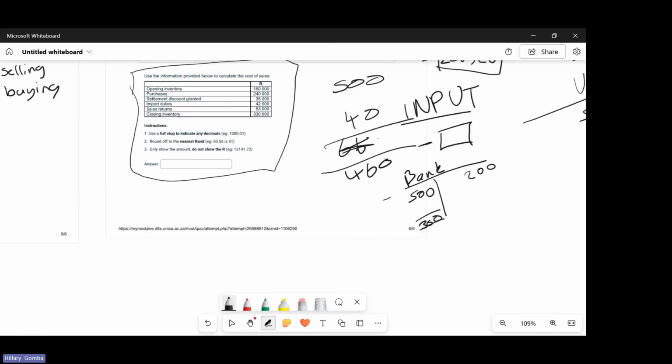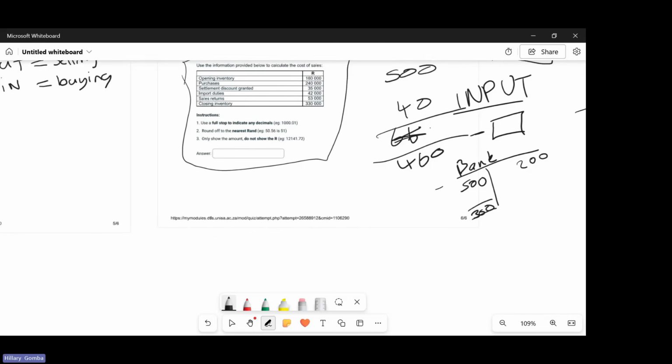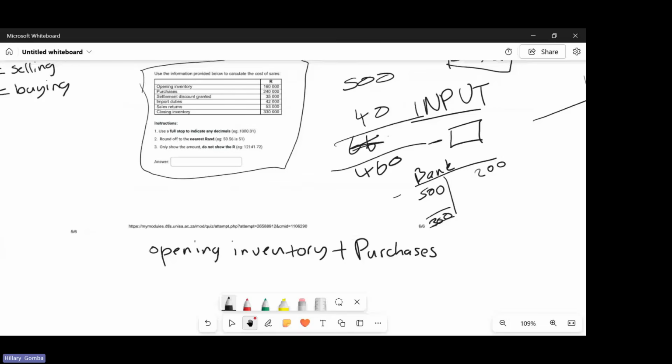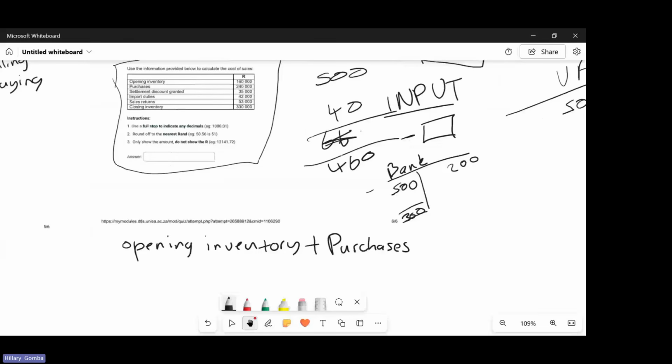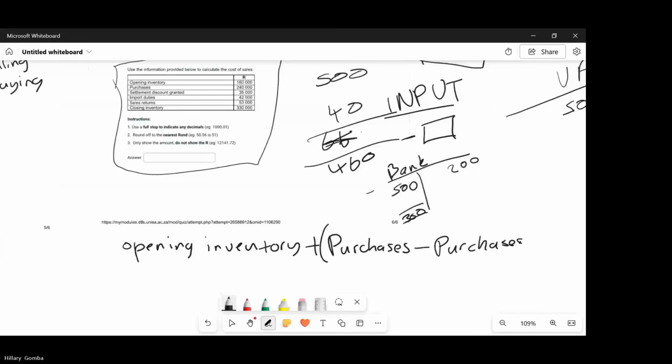So to calculate your cost of sales, the formula is opening inventory plus purchases, and then if you have purchases returns, you less it from your purchases. If maybe we returned goods throughout the year, you subtract it.